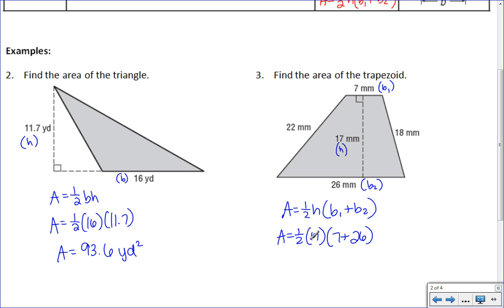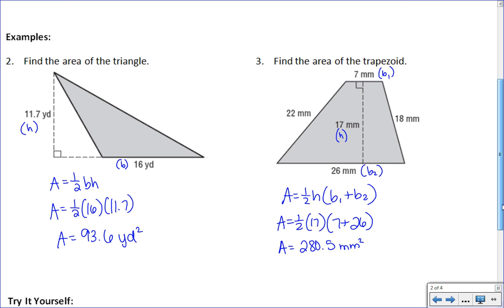Otherwise, the calculator will multiply these 3 things together and then add 26. And you can see from the parentheses here that that's not the way it should be done. So if you put that into the calculator correctly, you should come up with an area of 280.5 millimeters squared.